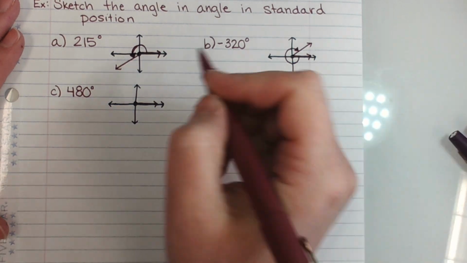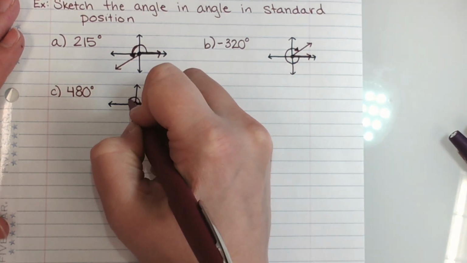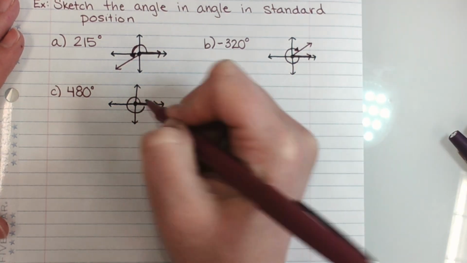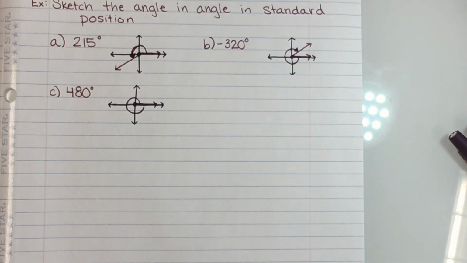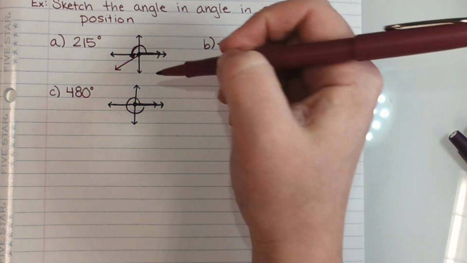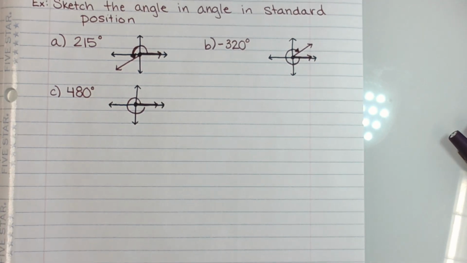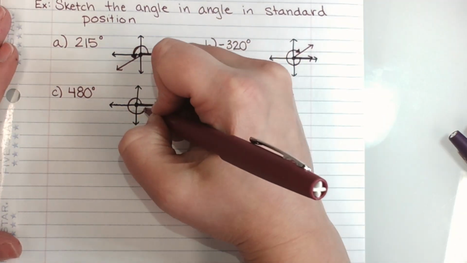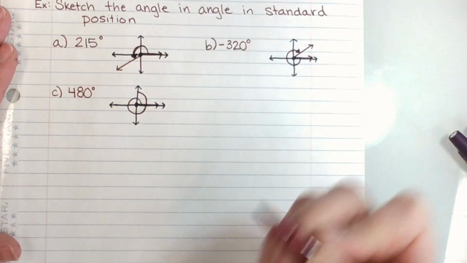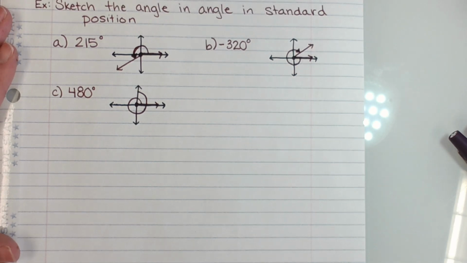It's more than 360, which means I am guaranteed to at least have to go a full circle. If I go an additional 90, how far have I gone? 450. 360 plus 90, 450. Okay, that's not quite far enough, so I know I'm going at least this far. Still 30 degrees shy.